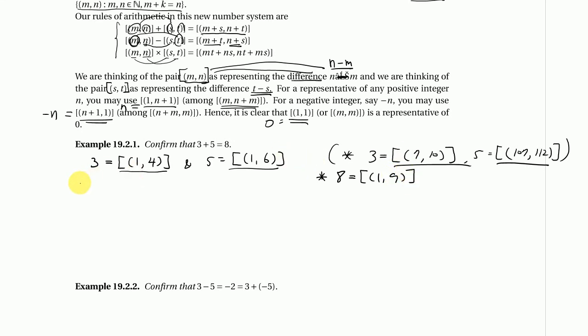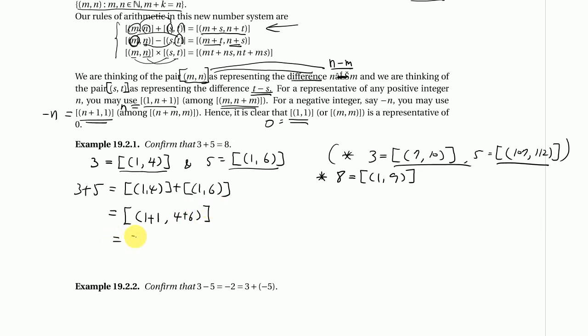But let's try to find 3 plus 5. Then that is 1 comma 4 plus 1 comma 6. According to the definition of addition, it's 1 plus 1, the x coordinates together, and 4 plus 6 together.